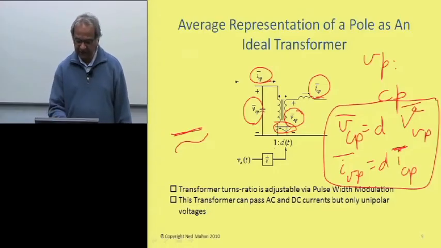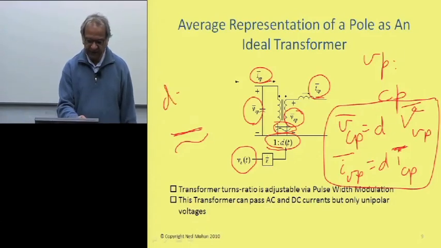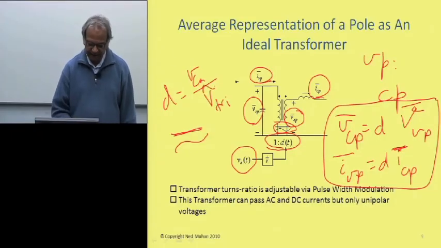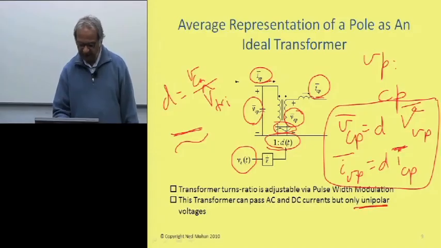And this turns ratio is 1 to the duty cycle, D, and that D is controlled by the comparison of this control voltage coming in to V triangular hat. So this D is V control, or VC, divided by V triangular hat here. Okay. The main thing to notice is that this transformer can pass DC as well as AC, but voltages are unipolar.